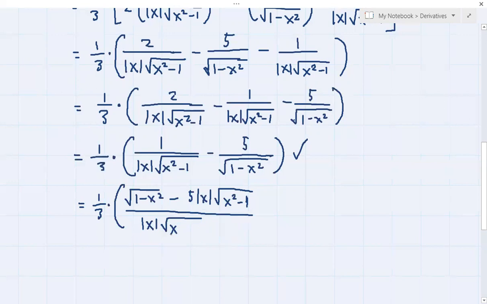So magiging ano na to? This would be the square root of the quantity x squared minus 1 times quantity 1 minus x squared. Ayan. So pwede rin yan. And for me, I would rather do this one.